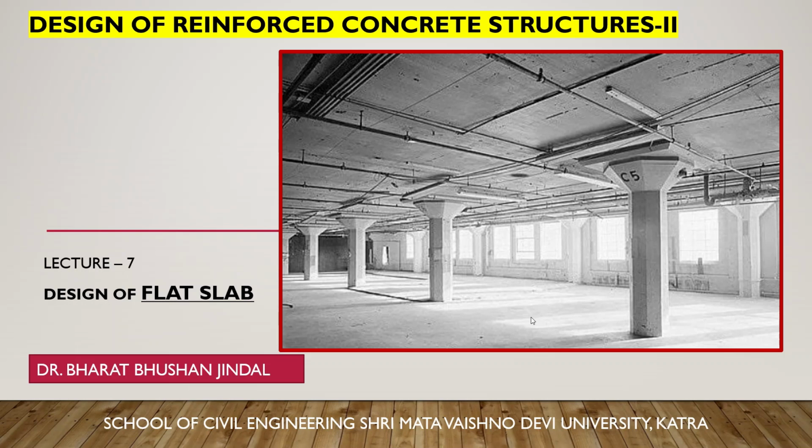So if there is no beam to take care of the load of the slab, then that type of slab without beams is called a flat slab. A flat slab will be supported on various numbers of columns, which you are able to see here. So let us try to understand all the things.